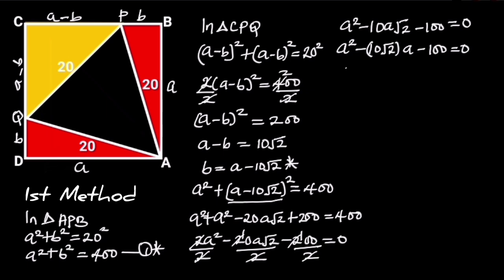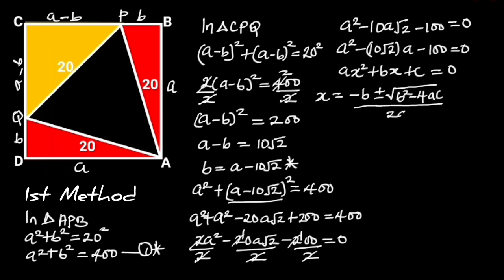Given a quadratic equation, ax squared plus bx plus c is equal to 0, the quadratic formula for this equation is x is equal to minus b plus or minus the square root of b squared minus 4ac, all over 2a. Comparing these two equations, a is equal to 1, b is equal to minus 10 root 2, and c is equal to minus 100.